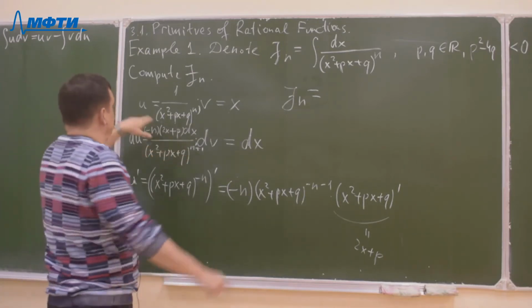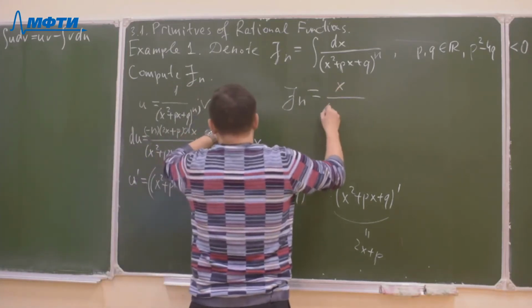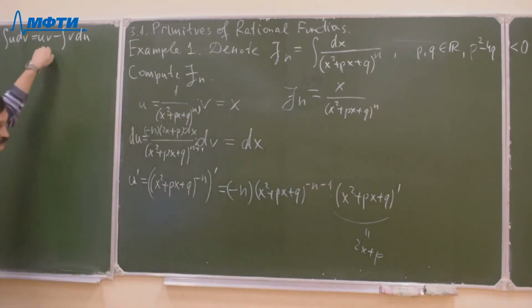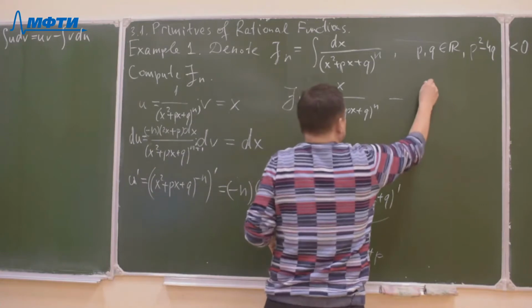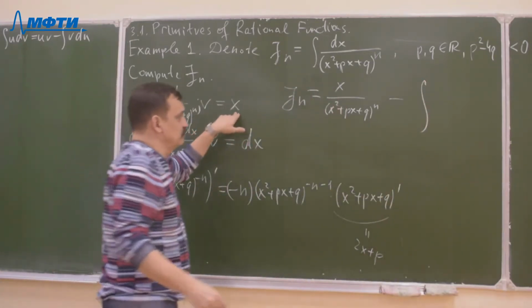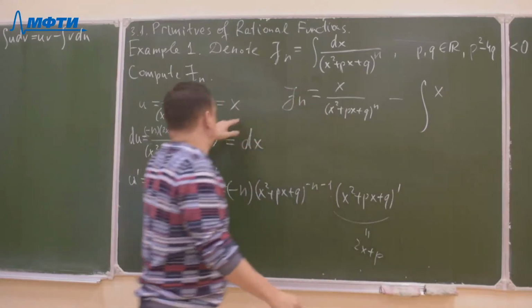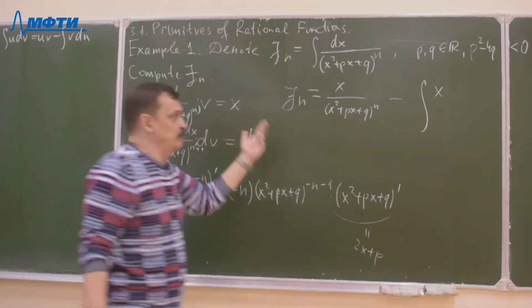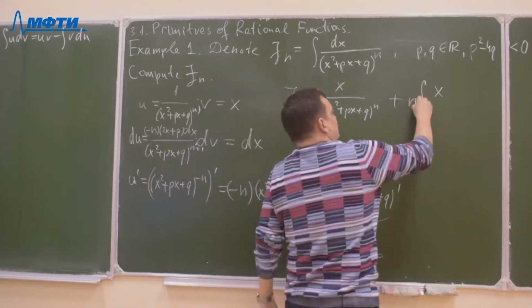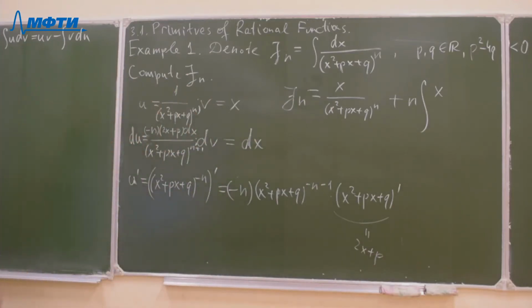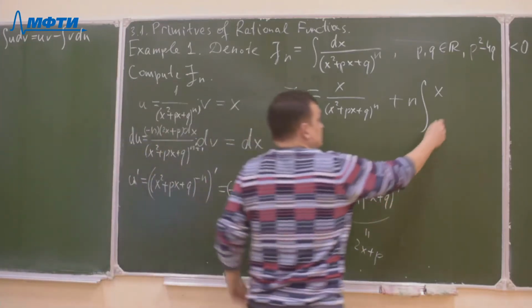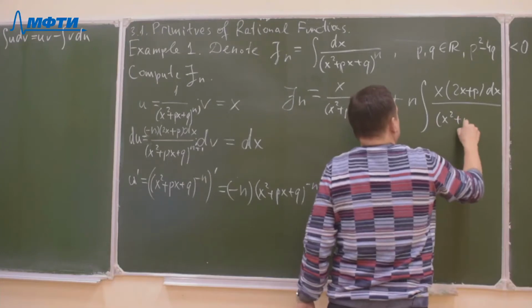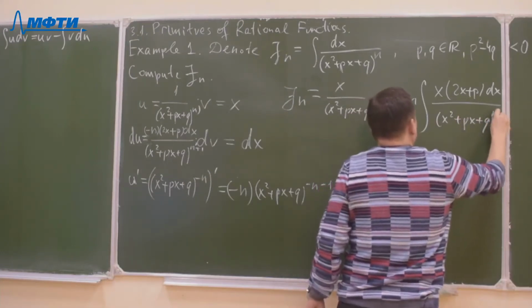So what do we have? u times v: x over (x squared plus px plus q) to the power n, minus the integral of v times du. du contains minus n, a constant, so I put it outside of the integral, and we have plus n, and after that the integral of (2x plus p) x dx over (x squared plus px plus q) to the power n plus 1.